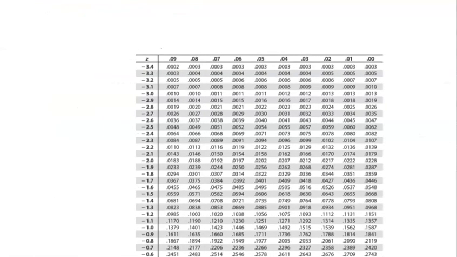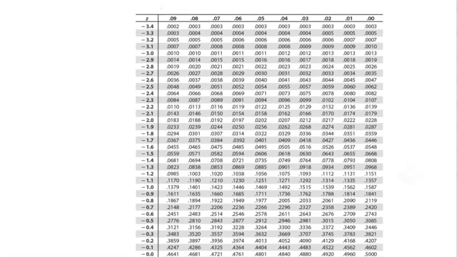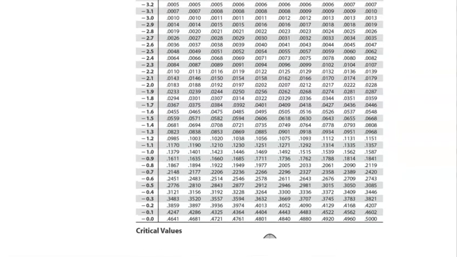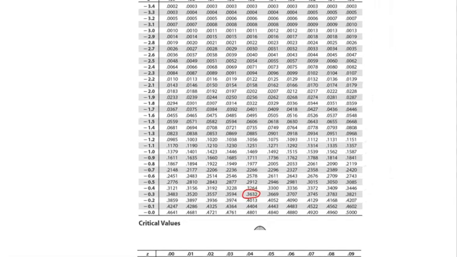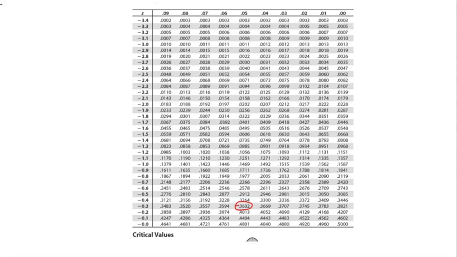I'm going to head over to my table. I'm looking at the first page because I do know that I'm looking for a negative value. And I want to find somewhere in here in the table 0.3632. So I'm going to look for that. And this does go in order. I can see it already. 0.3632 is right there. That's the probability that we get when we look up a z-score of negative 0.35.